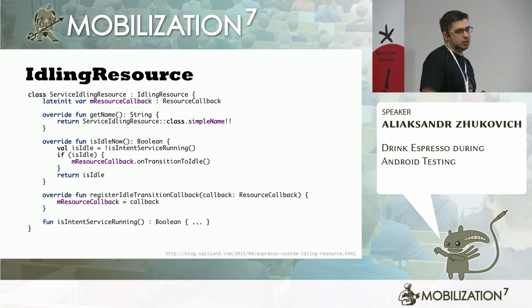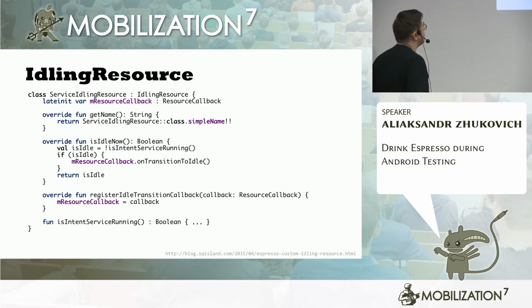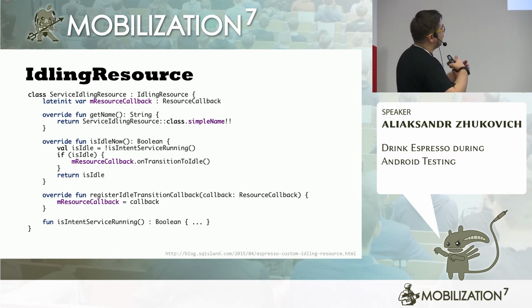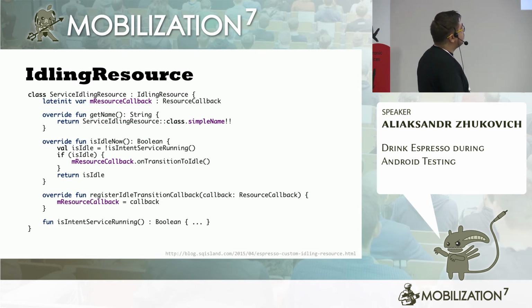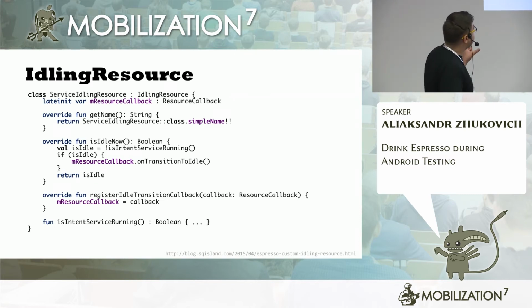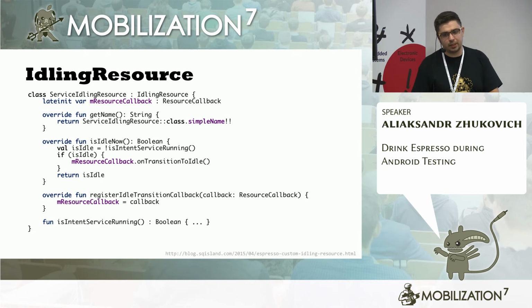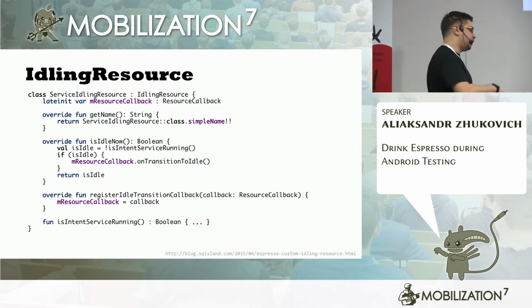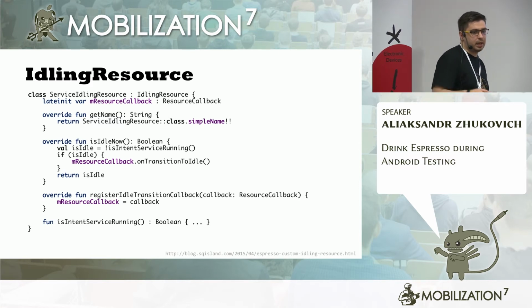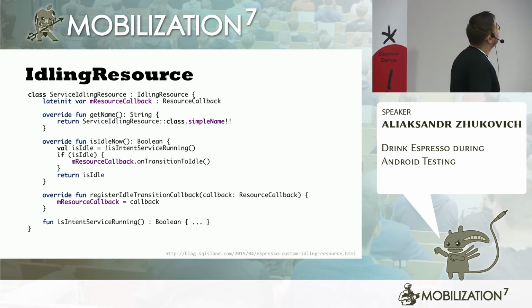This method checks some state or some conditions to understand that your application or some view is idle now. And you should understand that we should override the getName method, and it should return a unique string, because Espresso identifies different idling resources by name. If you have two idling resources with the same name, you can have a flaky test. And of course, it's not a great solution.